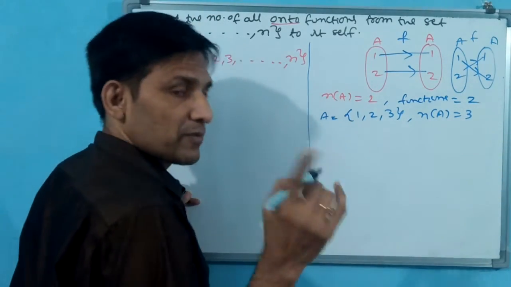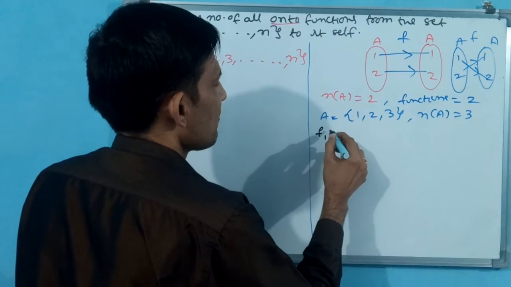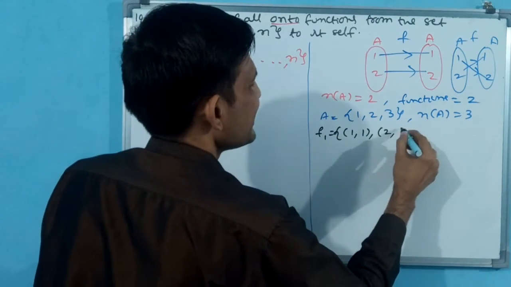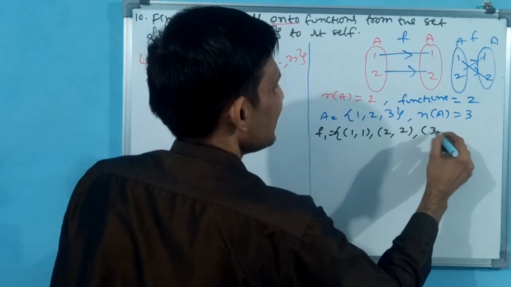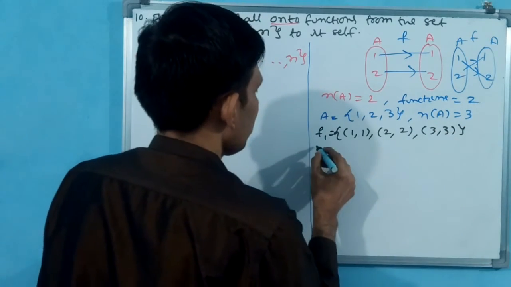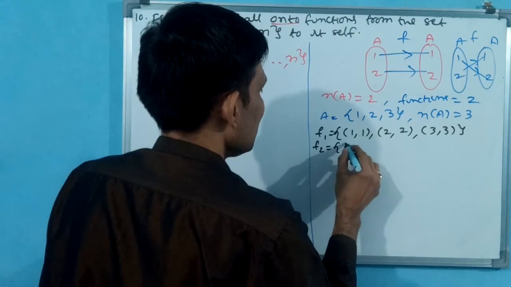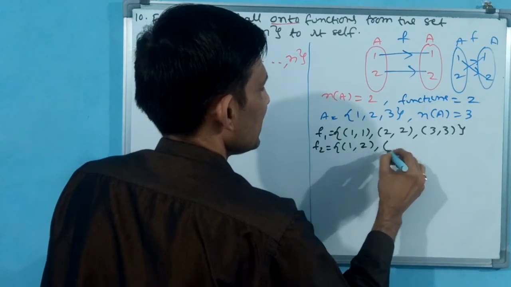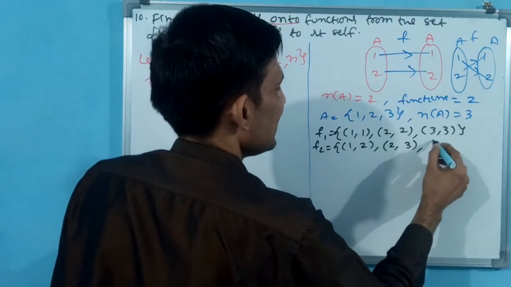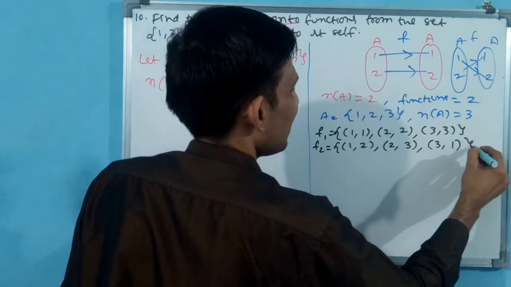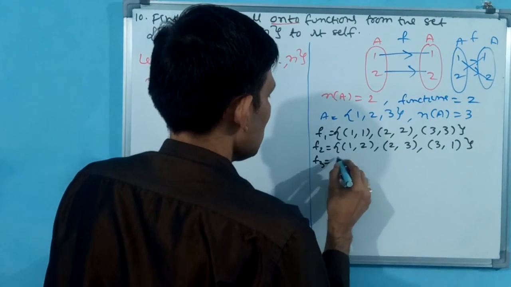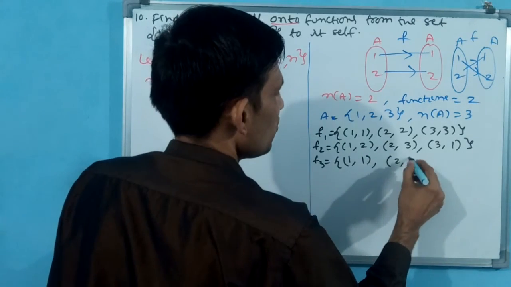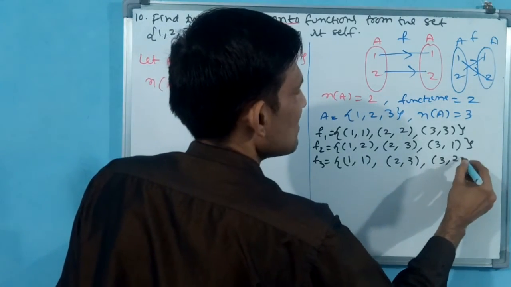Okay. First function. Function 1 is equal to, see, 1 will come, 2 will come, 3 will come. Okay, this is function 1. F2: 1, 2, 2, 3, 3, 1. Okay, this is F2. F3: 1, same thing will come, but 2, 3, 3, 2.